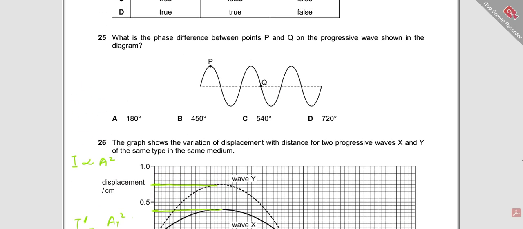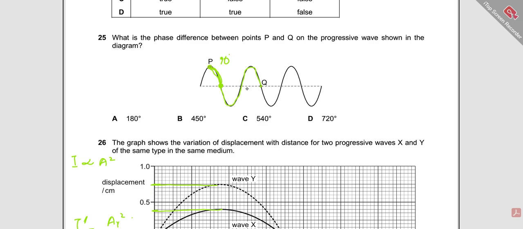Then, what is the phase difference between point P and Q on the progressive wave shown in the diagram? Point P, point Q, and let's see. This is one wave, right? And then from node to node, this is 90. Clear?